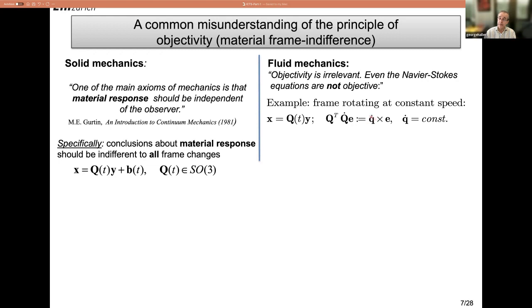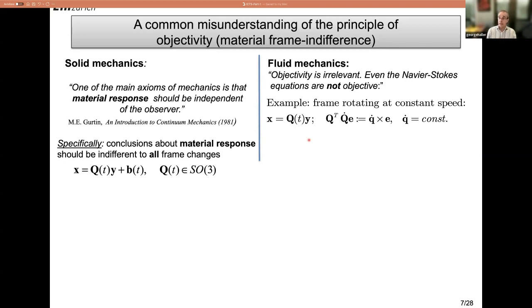So there will be a well-defined angular velocity of the frame change. In this case, the frame change is actually quite simple, say a steady rotation speed, much the same as what you do when you try to understand geophysical fluid dynamics in the frame of the Earth, right? So this is not even a general frame change. It has a constant angular velocity. So this is just a simple setting, okay?